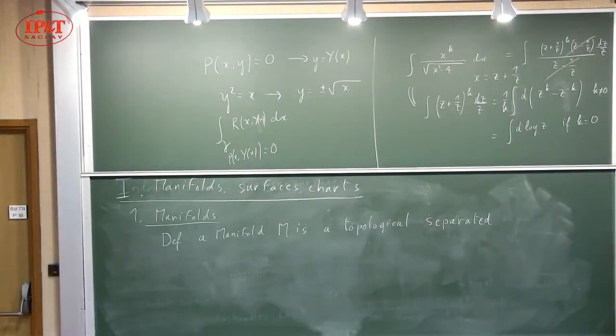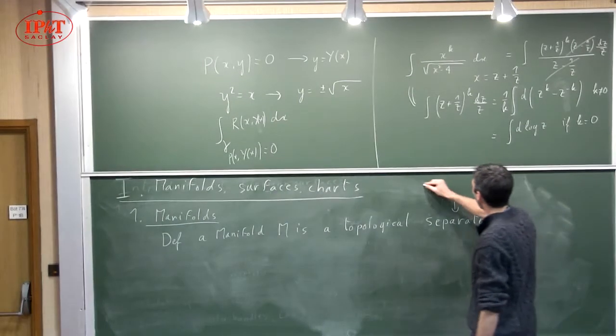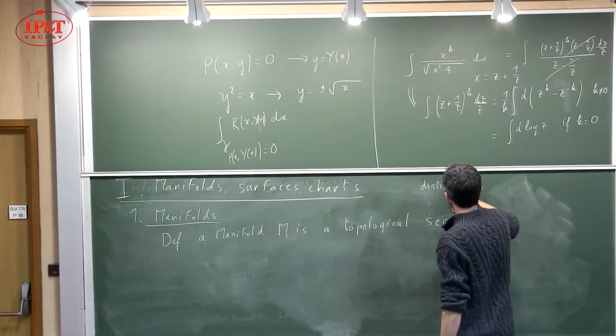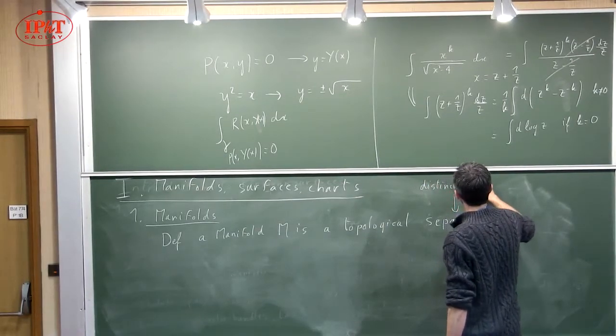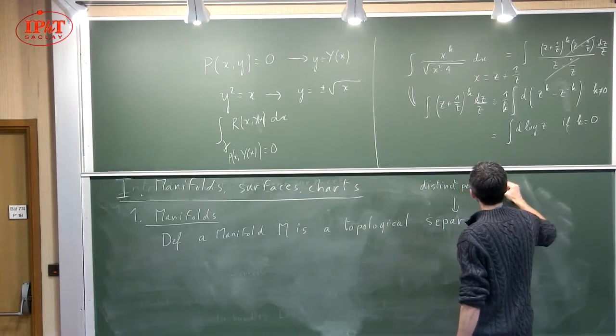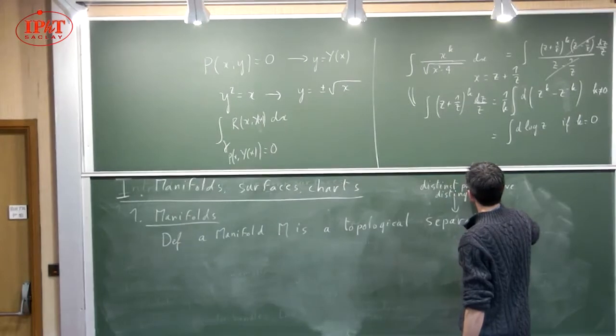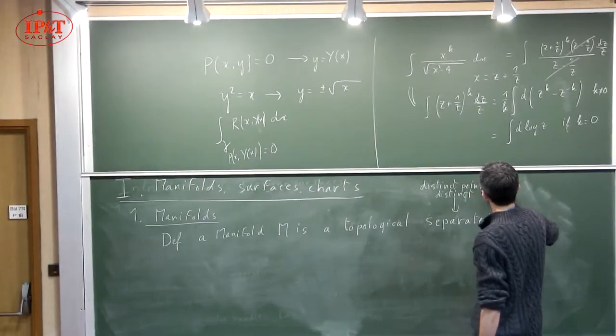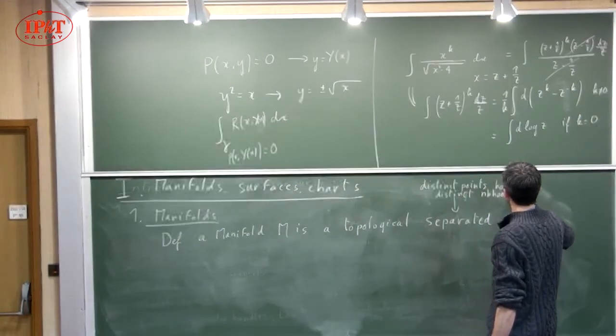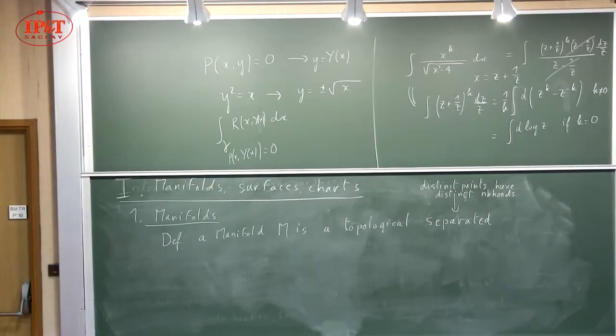Separated means that distinct points have distinct neighborhoods. So if you give yourself two distinct points, you can always find two neighborhoods that do not intersect.